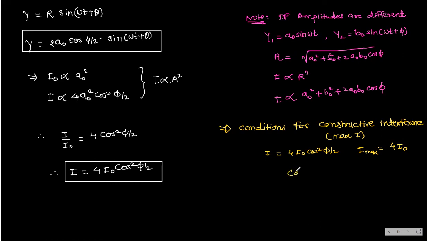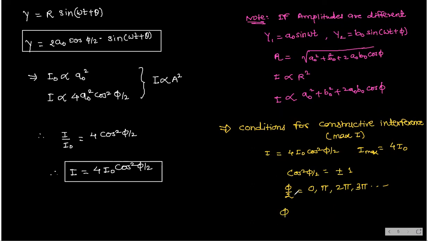So when will it be 4 I naught maximum? When cos square phi by 2 is going to be 1, that is cos phi by 2 is plus or minus 1. For which angle is it 1? Phi by 2 should be equal to either 0 or pi, or 2 pi, 3 pi, and so on. Then only it will satisfy.